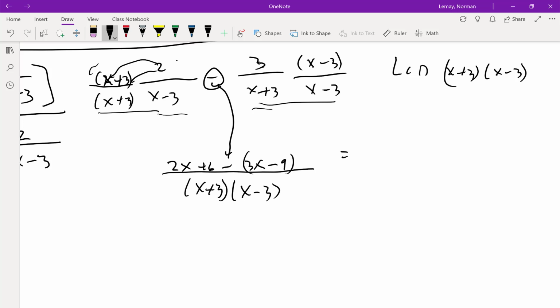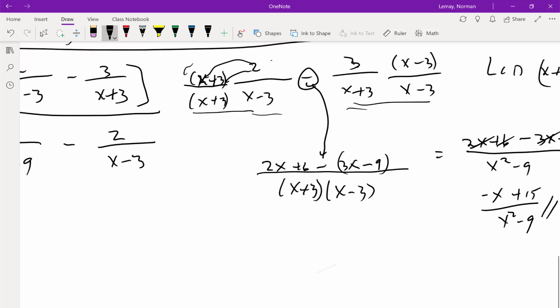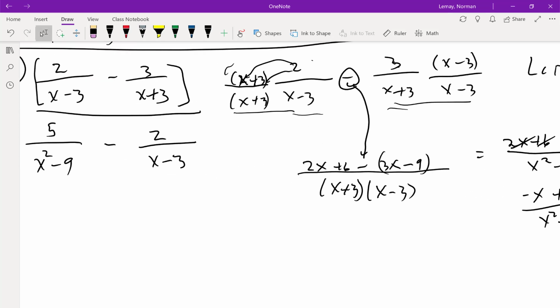So this is going to be 2x plus 6, and then we can distribute the negative, minus 3x plus 9 divided by, and we can go ahead and FOIL this out, so x squared minus 9. So here 2x and that we get minus x, so 6, so we get plus 15 divided by x squared minus 9. So that's what the top part out of all of that boils down to.